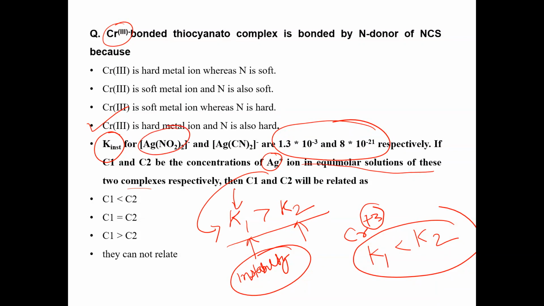If I talk about this complex, there will be fewer free silver ions because the silver ions will be forming the complexes, right? And the stability constant will be higher for this one. So the right answer will be this one.